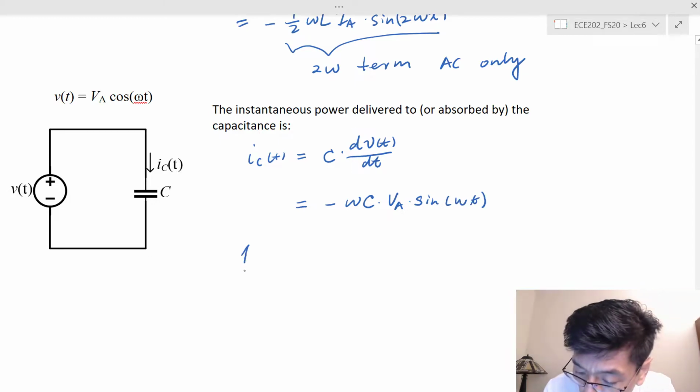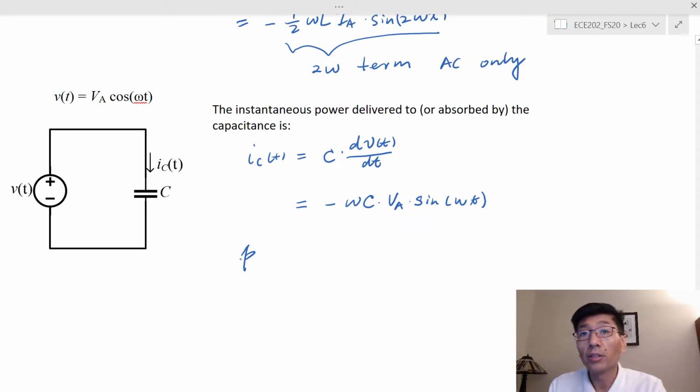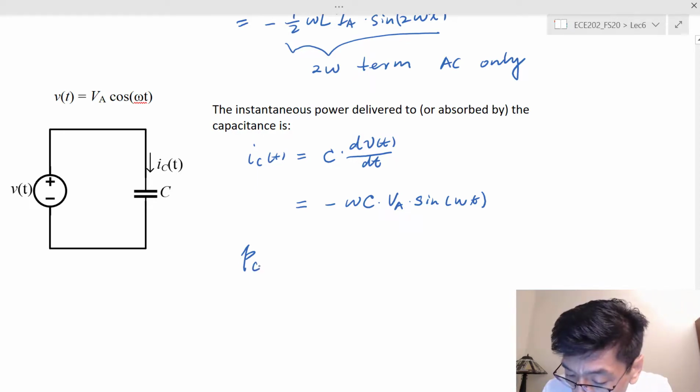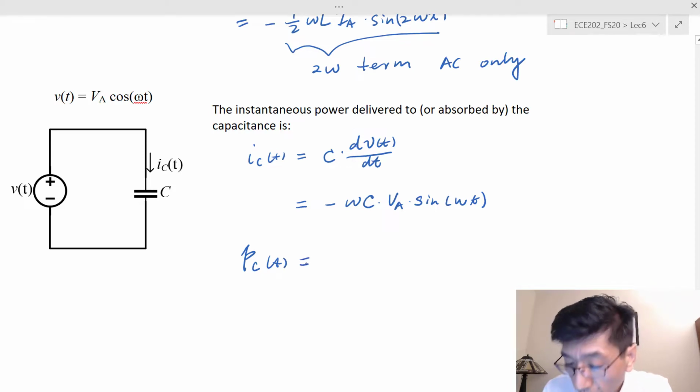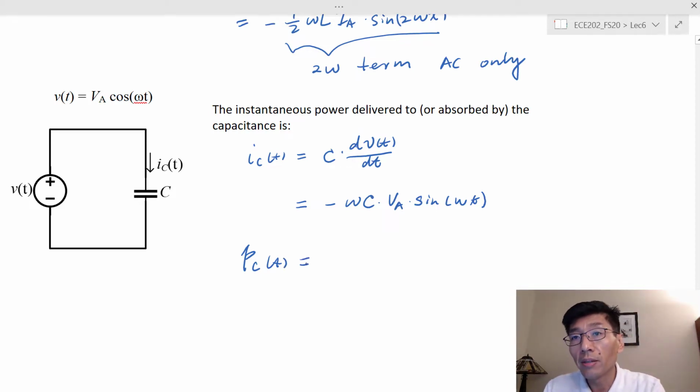Right, so the instantaneous power delivered to the capacitor, or absorbed by the capacitor, is P sub C(t). By the way, I use the lowercase p for the instantaneous. We're going to keep the uppercase P for the average power.